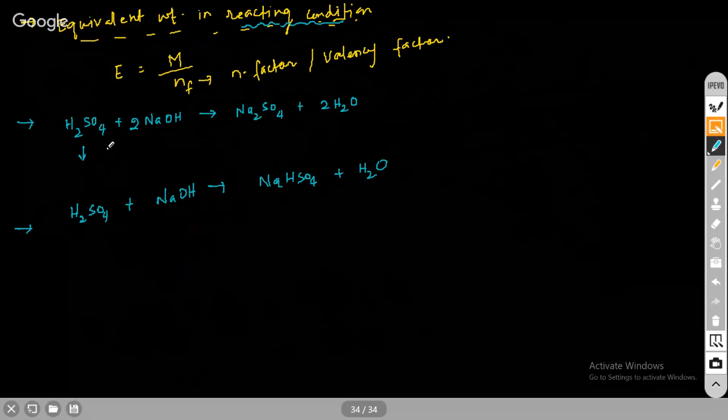But in these two reactions, here it is donating 2 H plus ions and forms Na2SO4, so all H plus is getting replaced. Here, only one H plus is getting replaced, right? So the n factor of this is 1, since only one H plus is getting replaced. But here the n factor is 2.